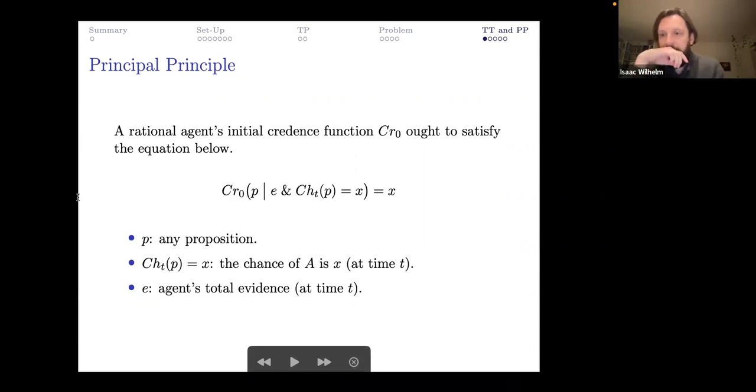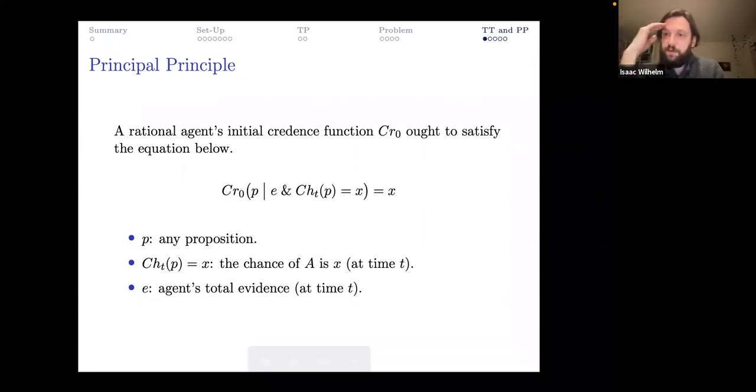Okay. So I picked this principle because it's one of the most familiar. This version of the principle says that your conditional initial credence in a proposition, conditional on your total evidence and some fact about the chance of that proposition at some time, should equal that chance.